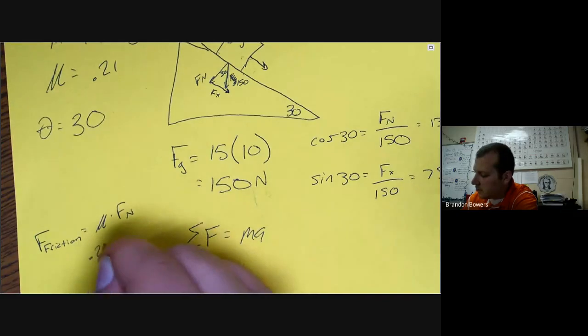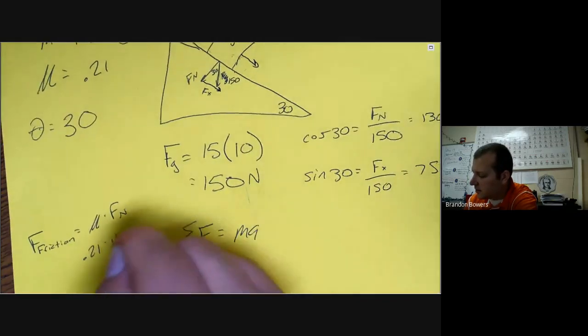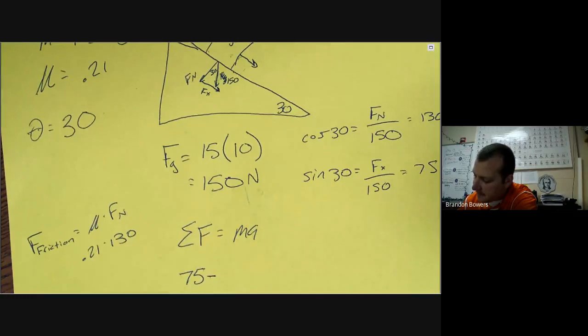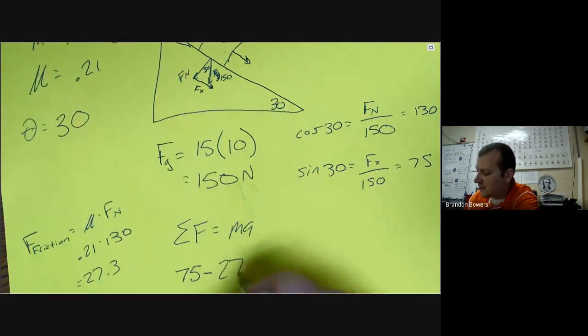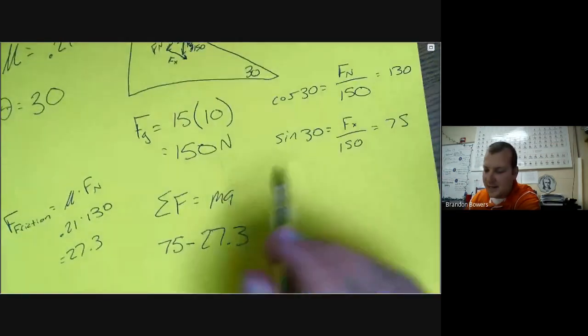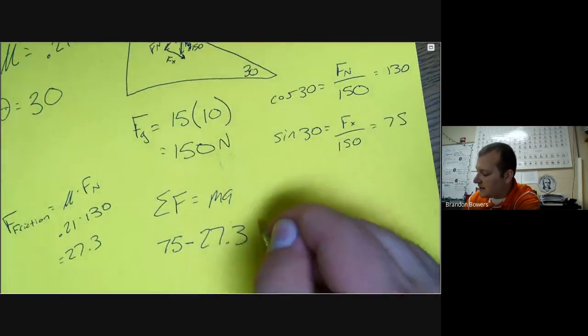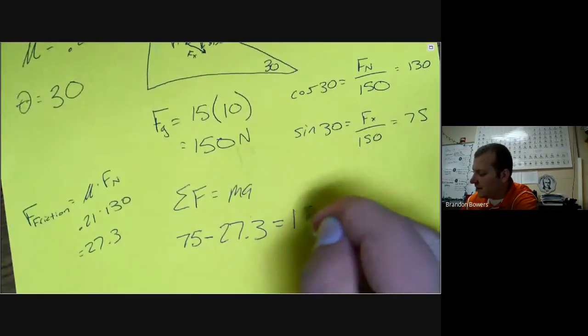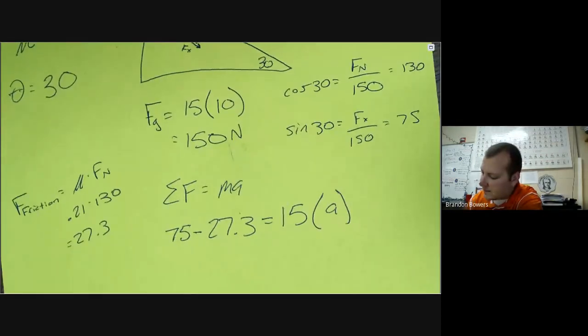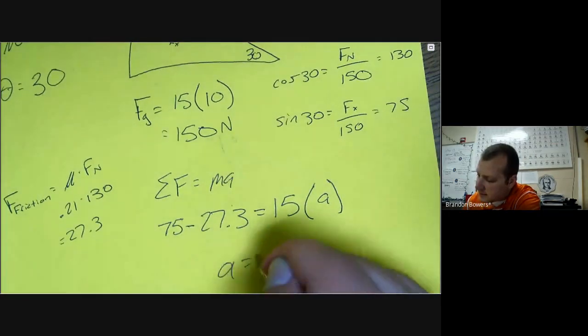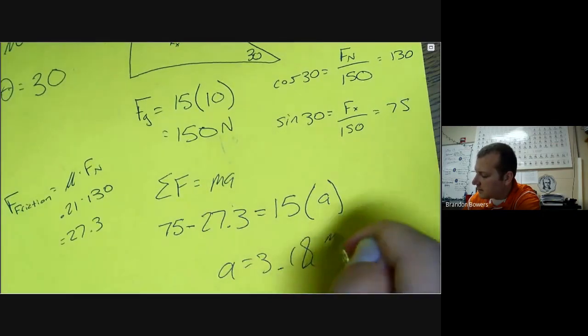Mu, which was 0.21, times force normal, which was 130. My force of friction was 27.3. So I have to subtract 27.3. That is my sum of forces, which is equal to the mass, which was 15, times acceleration. When you plug in all your numbers, the acceleration is 3.18 meters per second squared.